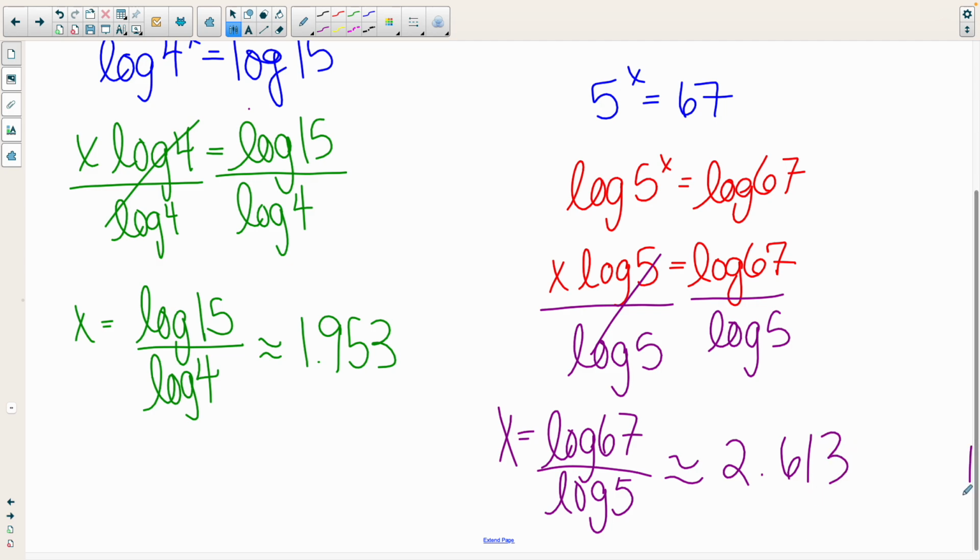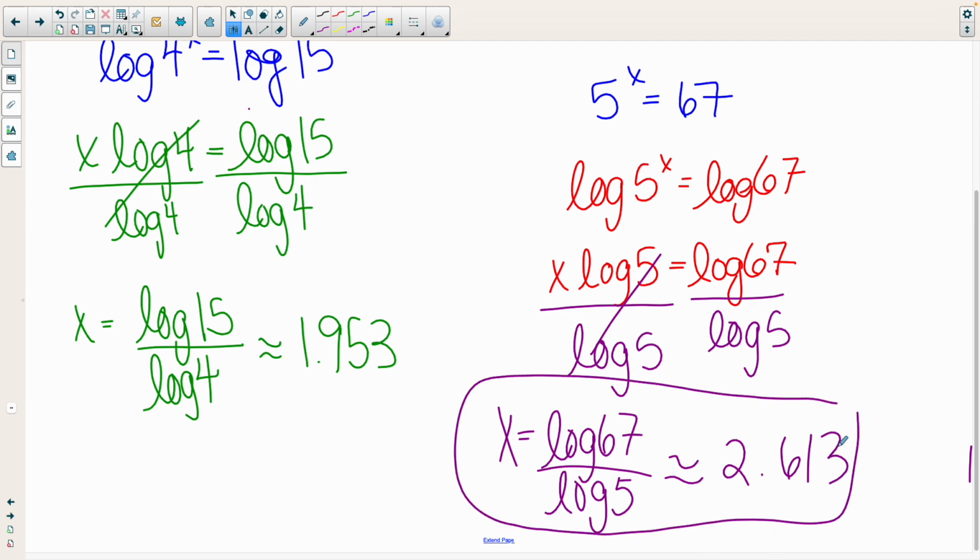That whole thing right here is your entire answer done exact, and then we have the approximated with our calculator.